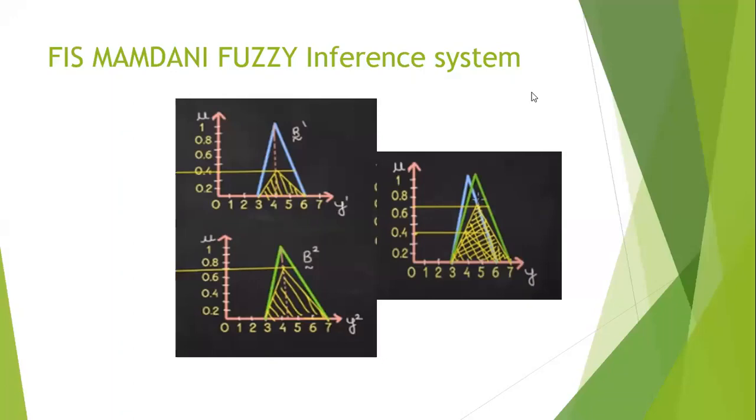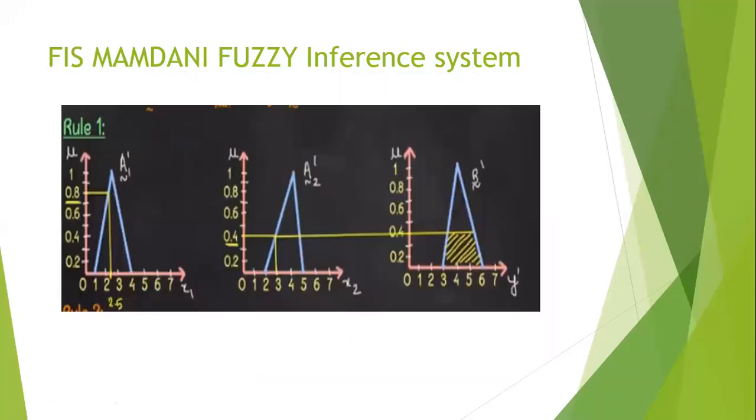So in the Mamdani fuzzy inference system, you have two methods, max minimum method and max product method. In the max minimum method, directly from the given set of fuzzy rules, you are evaluating your membership functions and the corresponding output overlap area, shaded area you are considering.